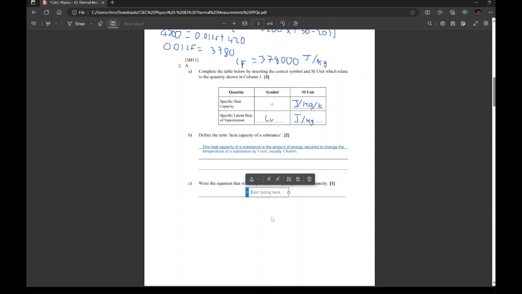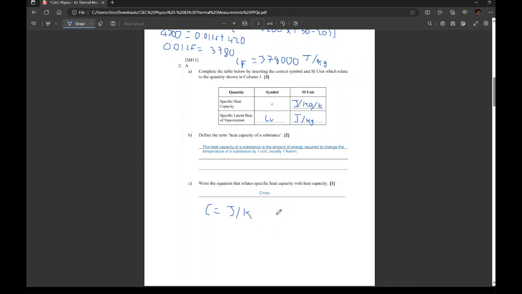I'm actually just going to continue using the text tool here, which asks us to relate the specific heat capacity with the heat capacity. And the equation that does this is capital C is equal to M, which stands for mass, times little c. And the reason for that can be seen if we just look at the units. So the unit of big C, which is regular heat capacity, is joules per Kelvin. Sorry, why did I write kilograms? That's my bad. Yeah, it's joules per Kelvin, right?